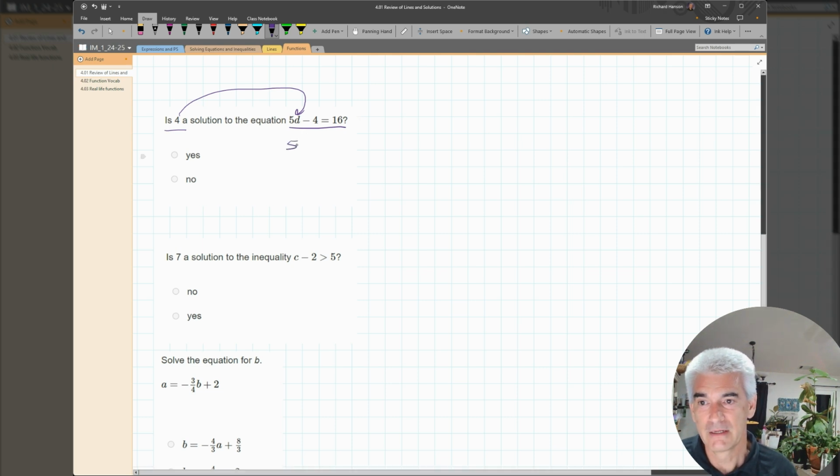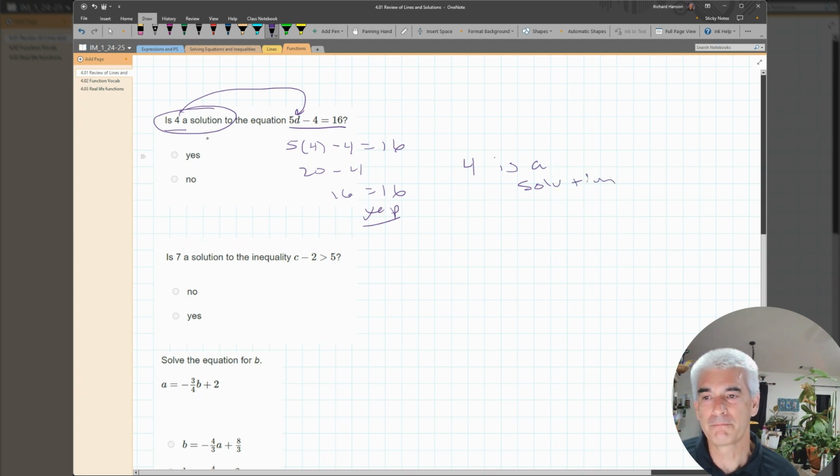So 5 times 4, plugging in D equals 4, minus 4, is this equal to 16? So 20 minus 4, 16 equals 16. Is that true? Yep. So that tells us 4 is a solution.